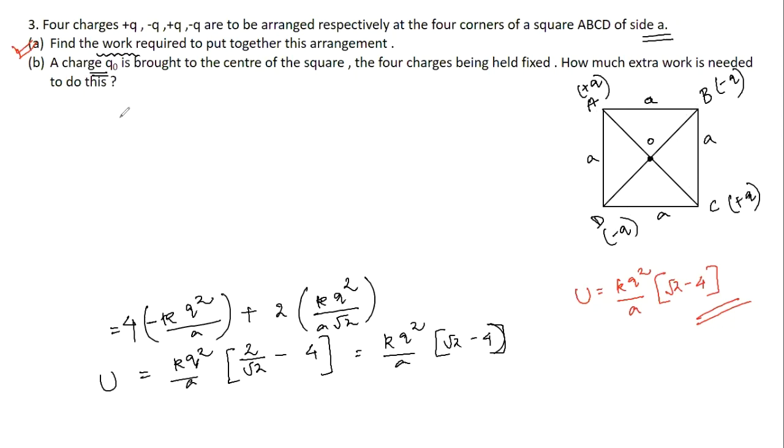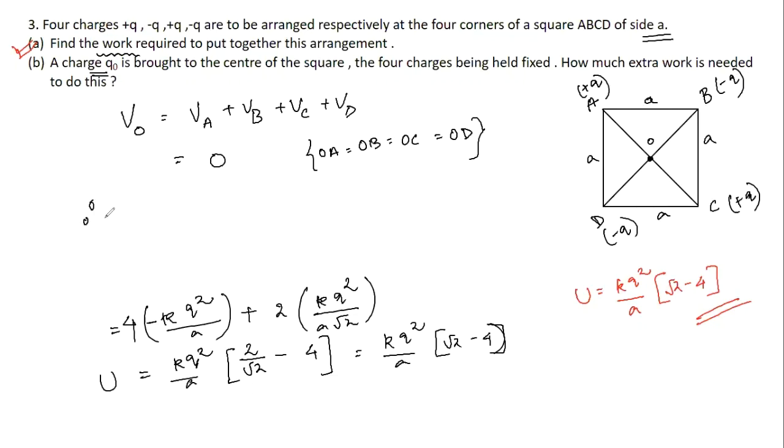So the potential at O will be the potential due to A plus B plus C plus D. If you calculate all the values, you will have a net potential of 0 at point O due to all the charges A, B, C, D. Remember that OA equals OB equals OC equals OD. So all the potentials cancel when you have plus and negative signs there.